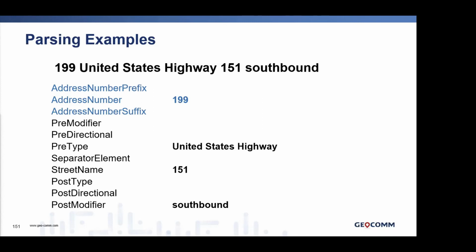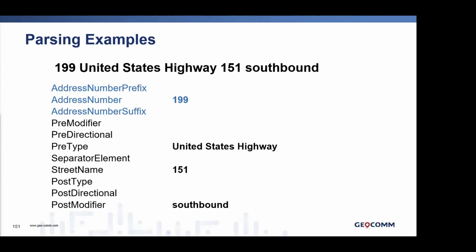But what I was wondering is if others are adding new columns that are specific to NG9-1-1 and then basically duplicating. So in our case, we wouldn't use PreType United States Highway. We might use USH, for example, as an abbreviation.